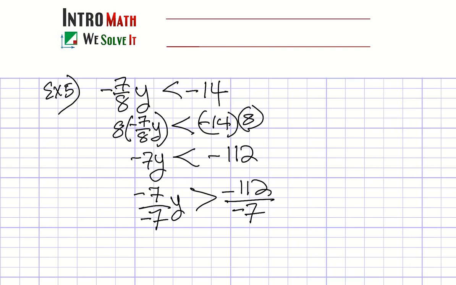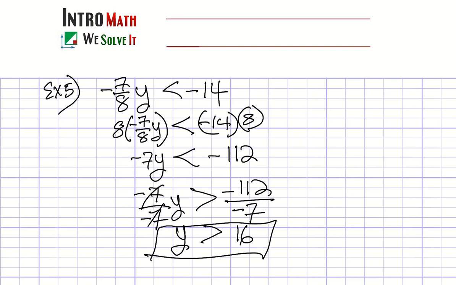If you do that, you get y, because this cancels out, is greater than, and remember, negative divided by negative is positive. You get +16. That's all. You have to be careful so you don't mess up when you're doing all this.